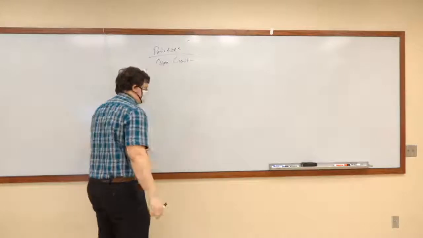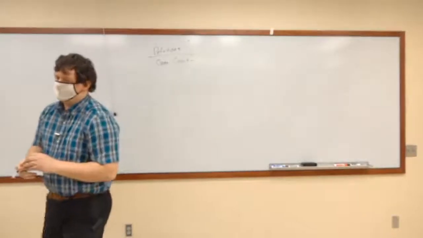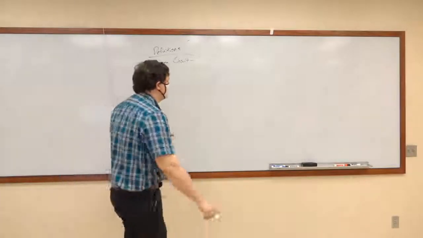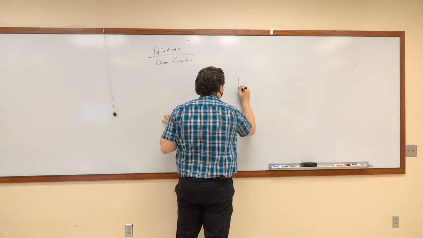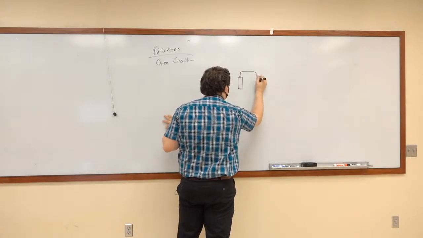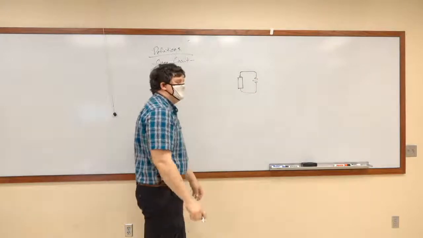Okay, the first definition I'm giving you is called open circuit. Now, in an open circuit, if you're just looking at, say, here's a battery, and that battery is connected to a resistor, okay?